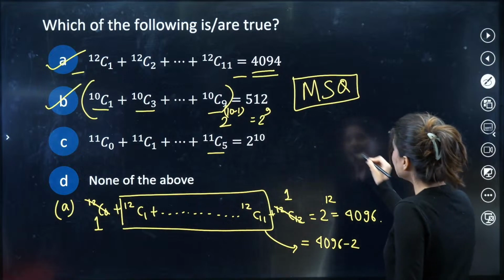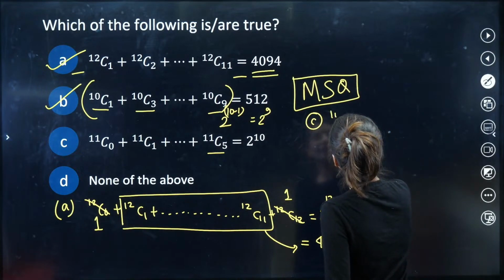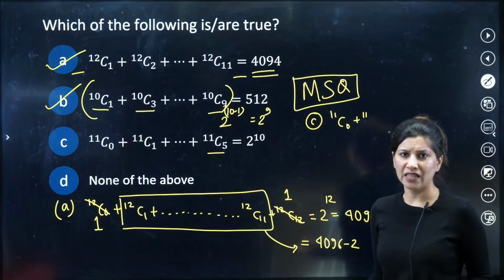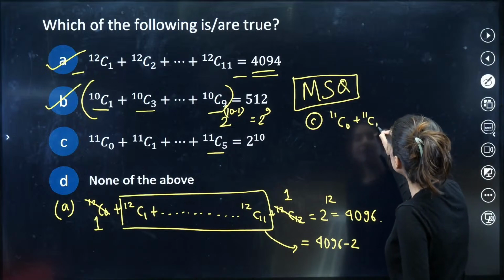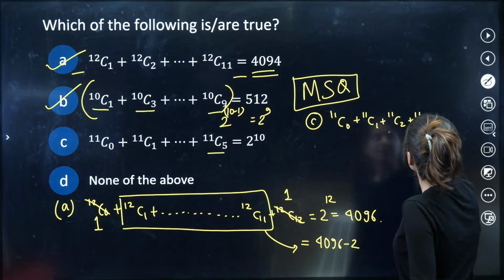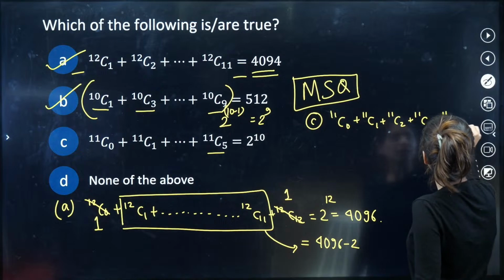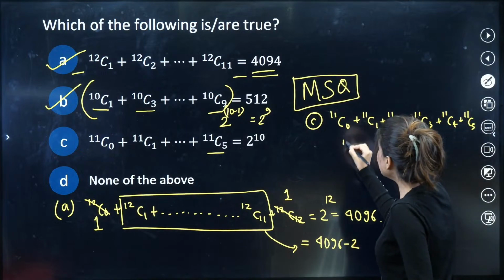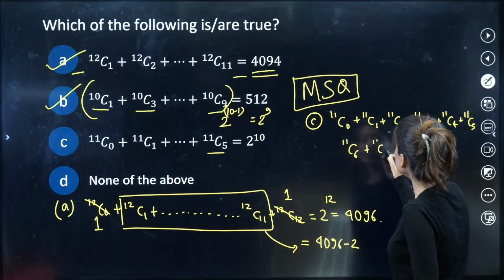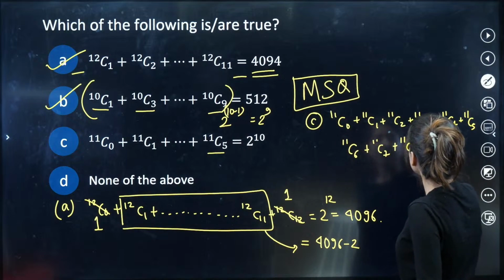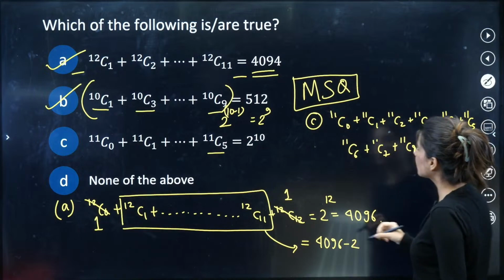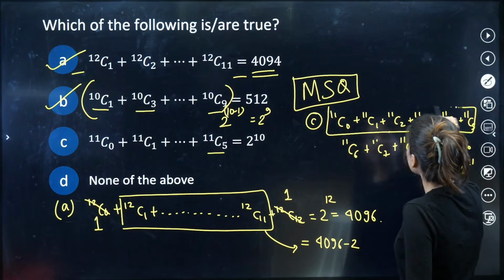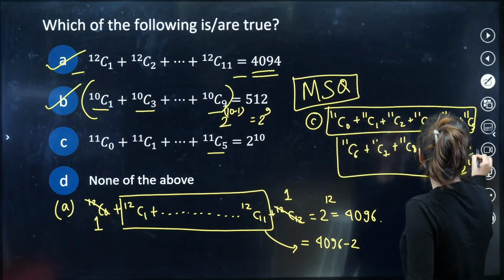So for option C, this is an incomplete series, but I know the complete series: 11C0, 11C1, 11C2, 11C3, 11C4, 11C5, then 11C6 plus 11C7 plus 11C8, 11C9, 11C10 and last 11C11 is equal to 2 raised to power 11. That's what I know. These are 6 terms, and these are also 6 terms.